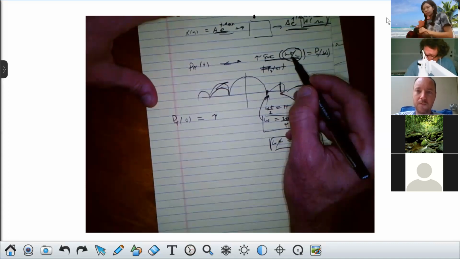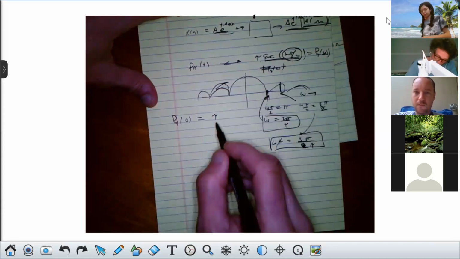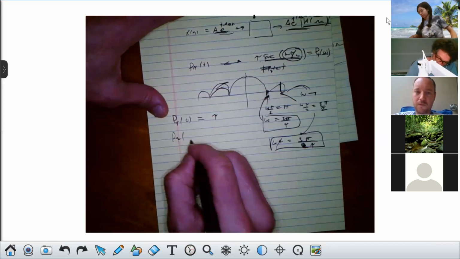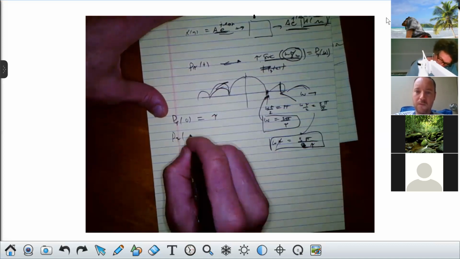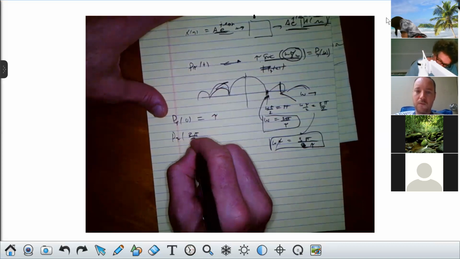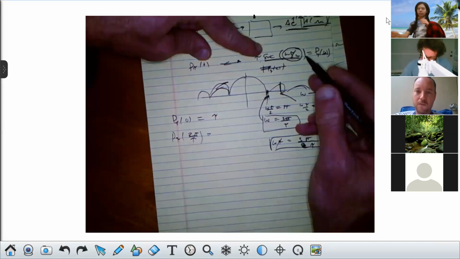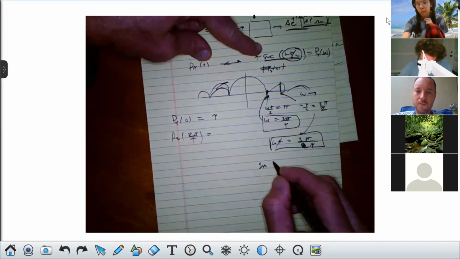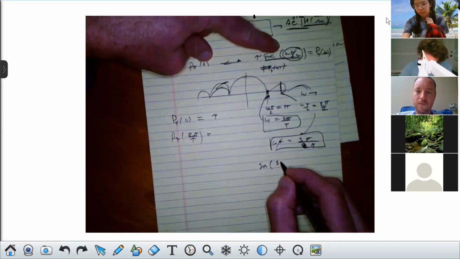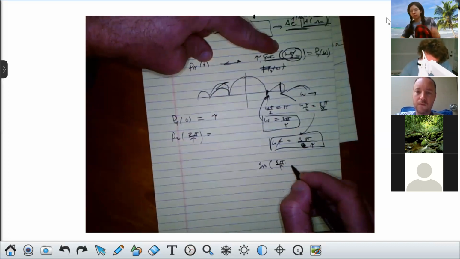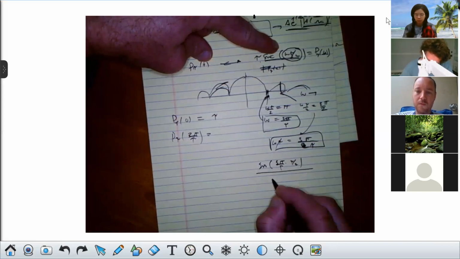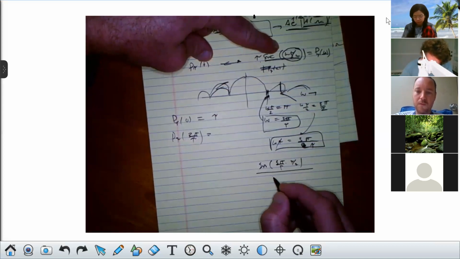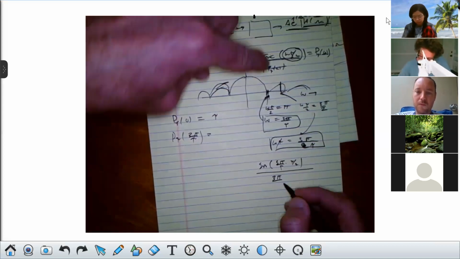So when omega is 0, it's 1 times tau, which is tau. Now, what is P tau of 3 pi over tau? Well, that's going to be the sine of 3 pi over tau times tau over 2, divided by what? 3 pi over tau, correct?